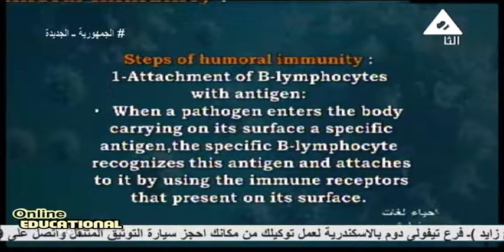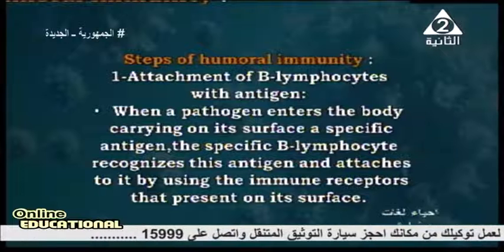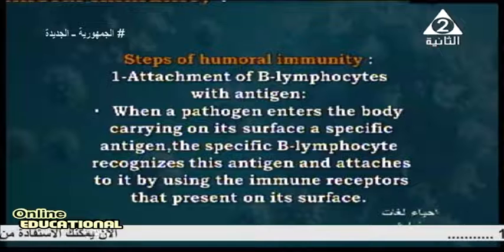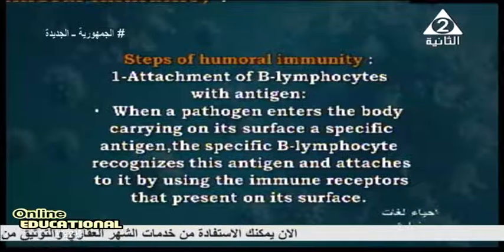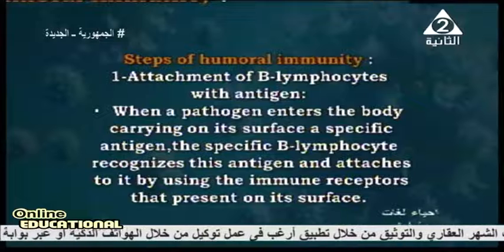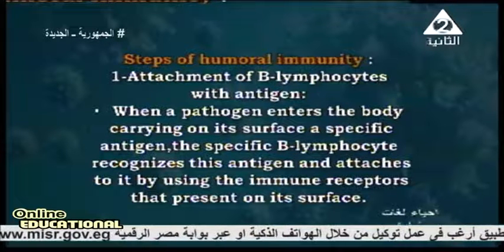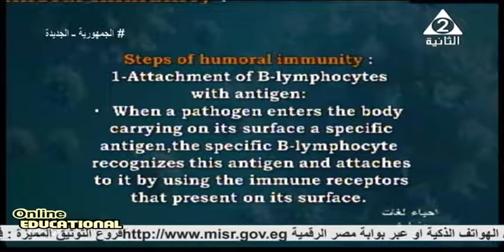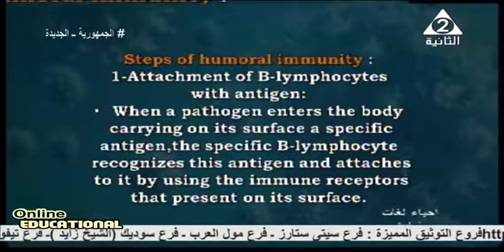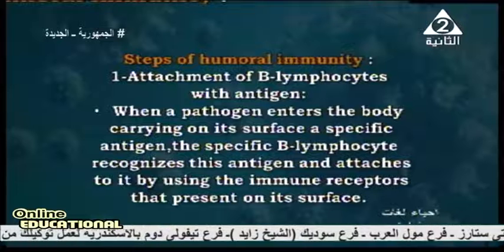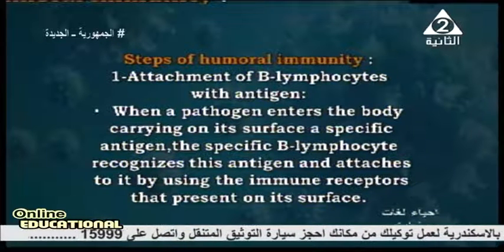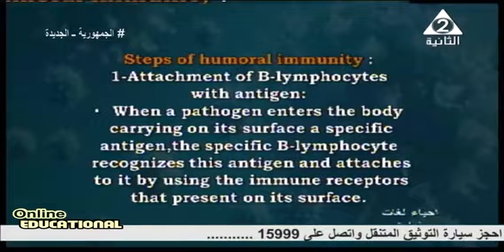When a pathogen enters the body carrying on its surface a specific antigen, any pathogen that invades the body, viruses, bacteria, it is like a key. This key is suitable, known as antigen. This key needs a specific lymphocyte to recognize what this antigen is, and attaches it by using immune receptors.